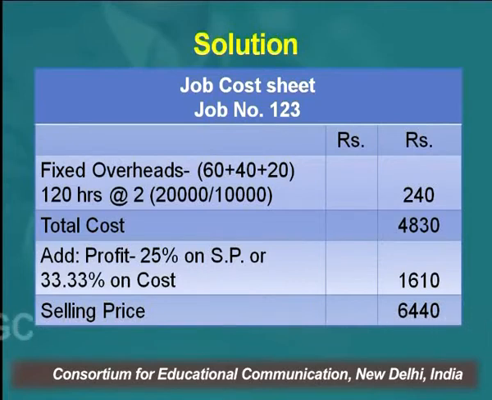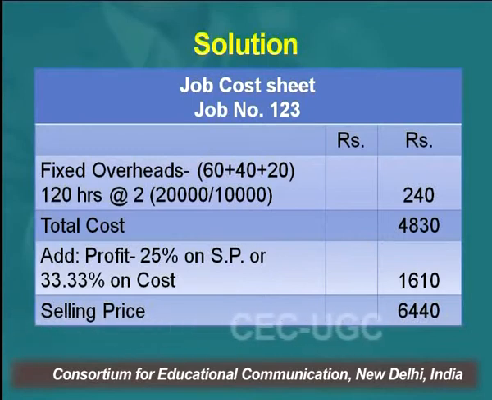For this work, 60 hours have been spent in Department A, 40 in B and 20 in C, which means 120 hours have been spent on this job. So 120 multiplied by 2 rupees, the fixed overhead rate, comes to 240.